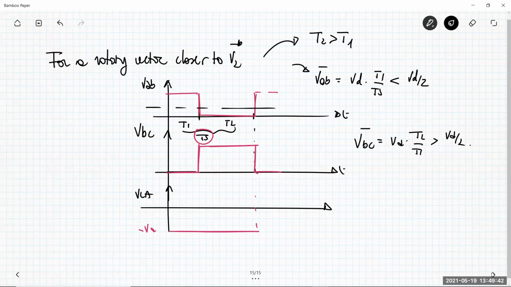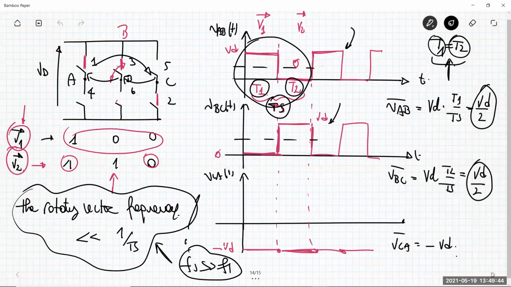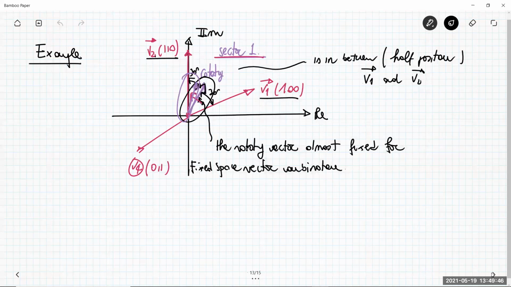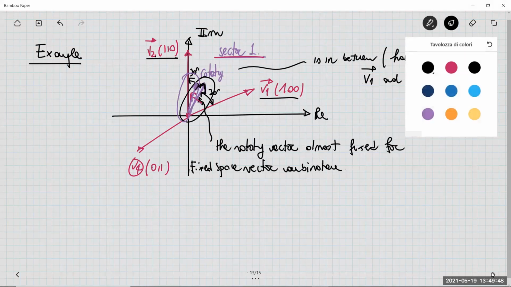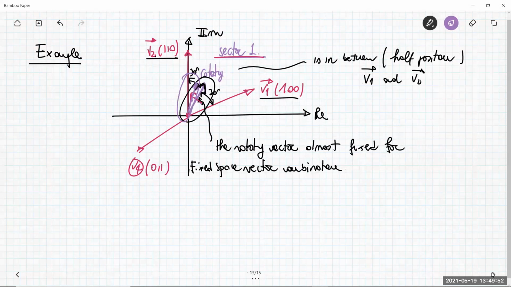But what about the magnitude? If I want to synthesize this vector in the same position but with a higher amplitude, remember that I want to use the inverter to generate a three-phase AC voltage system in which I can modulate the frequency, F1, and the amplitude.